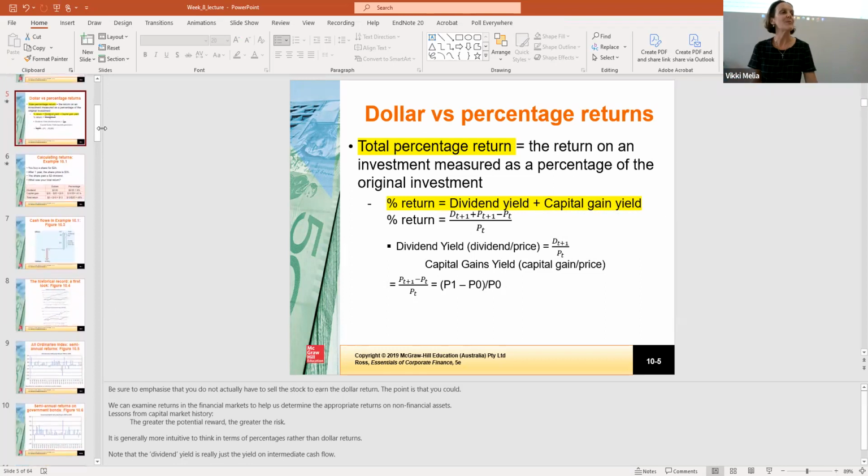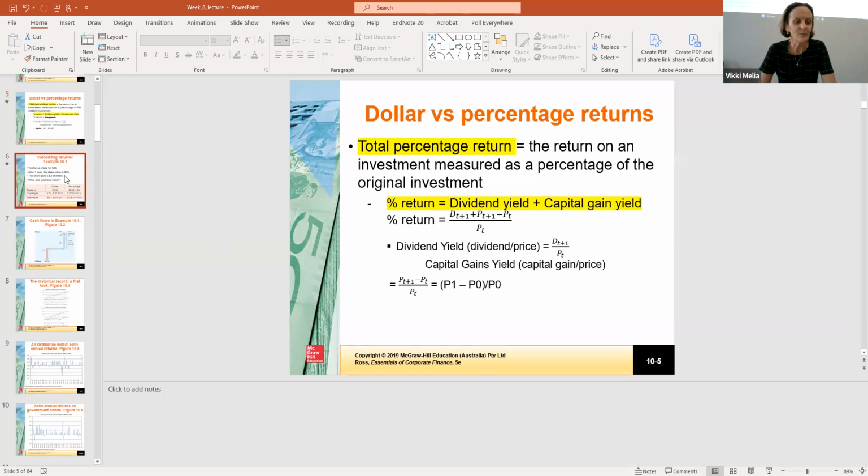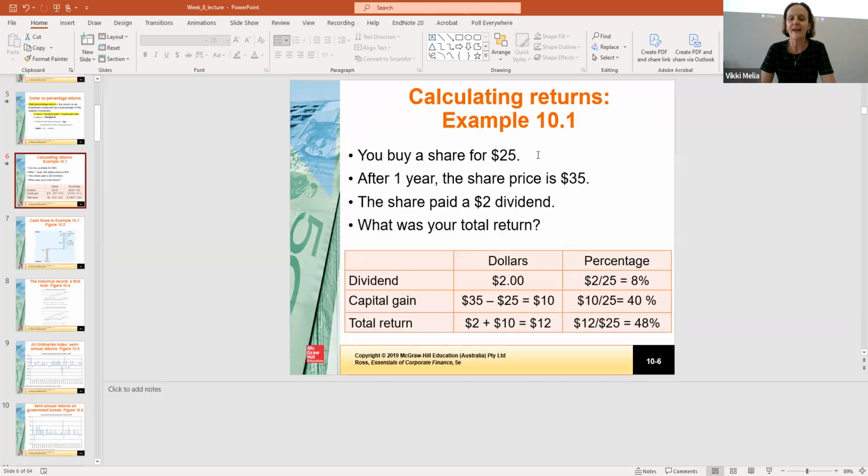So there's an example on the next slide that we can have a look at that will get us to calculate the return in dollars and the return as a percentage, the rate of return. So in this example, we have a share that you buy for $25.